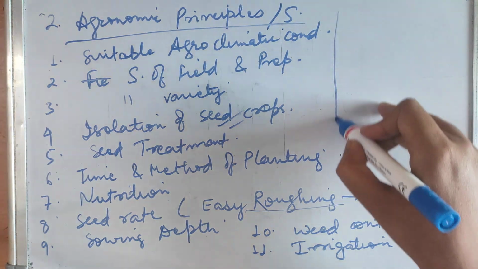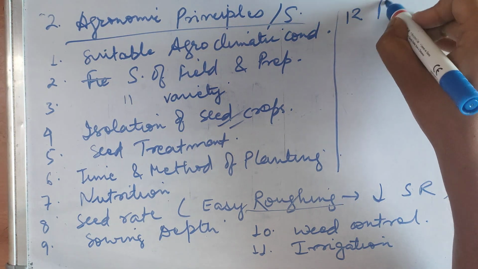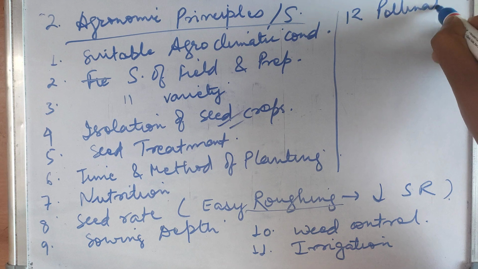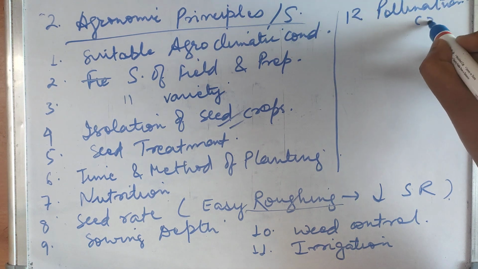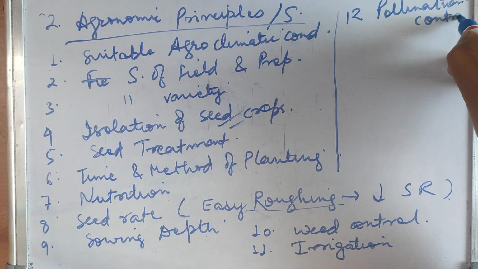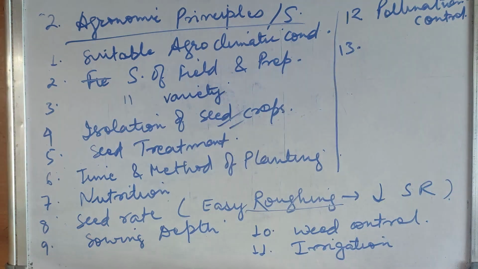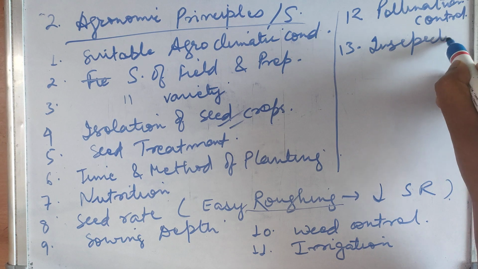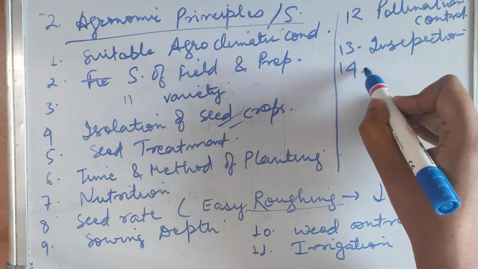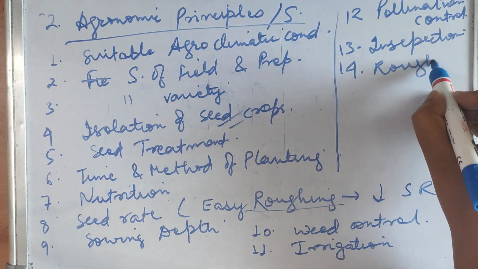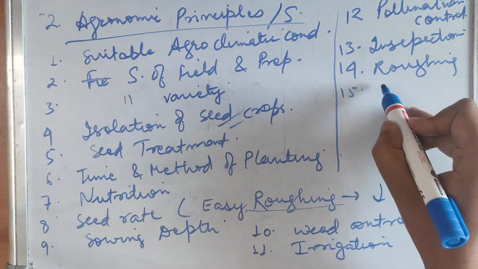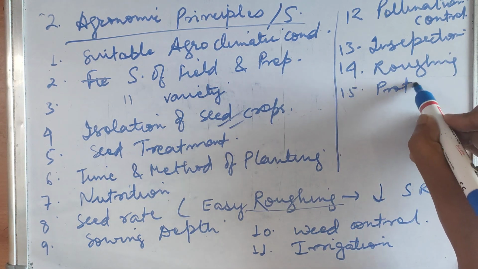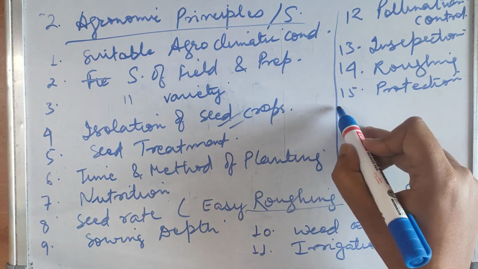Pollination control: pollination should be controlled so that unwanted pollination does not occur. Field inspection. Rogueing is very important, that is removal of off-type plants. Plant protection of plants.